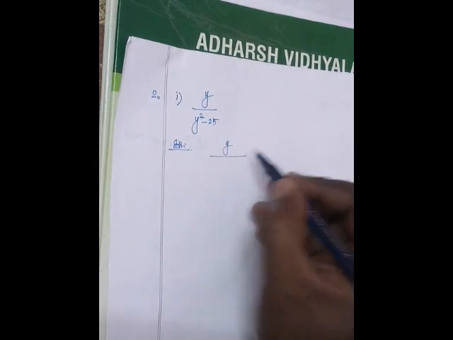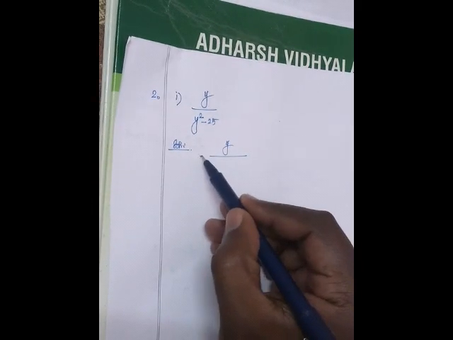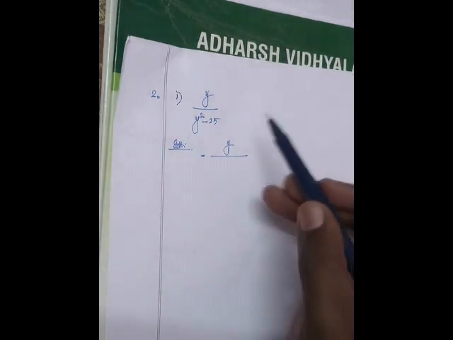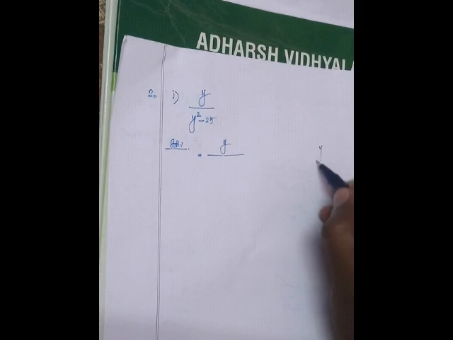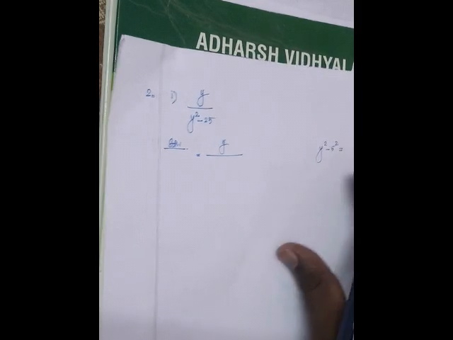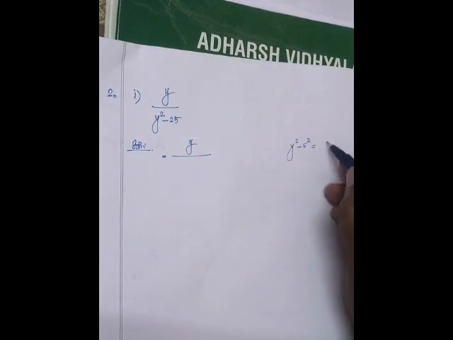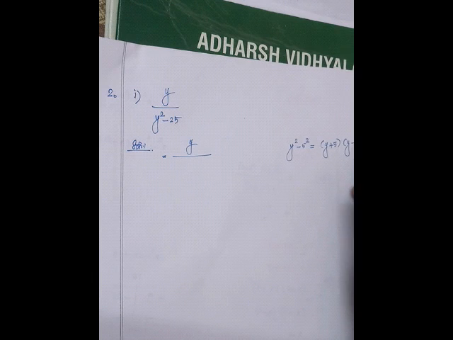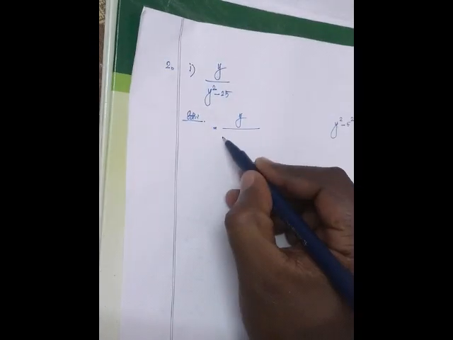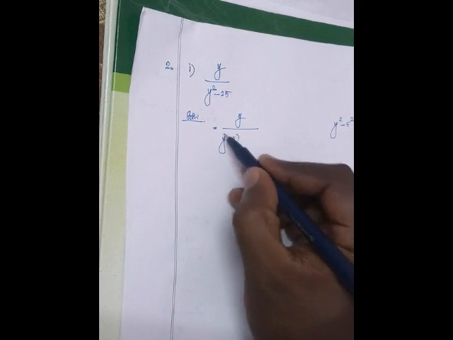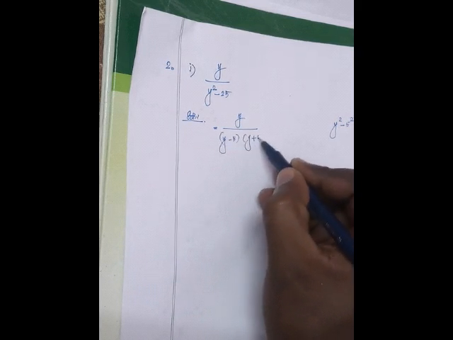Y divided by, actually this y square minus 25 can be written as y square minus 5 square. So a square minus b square equals (a plus b) into (a minus b). So it can be written as (y minus 5) into (y plus 5).